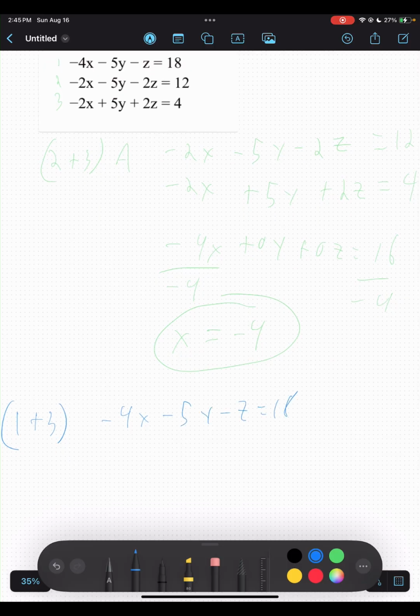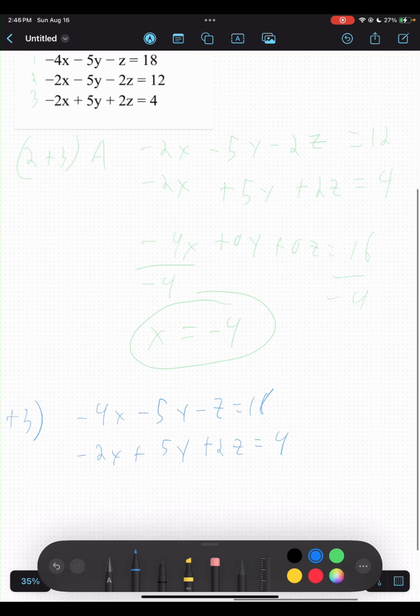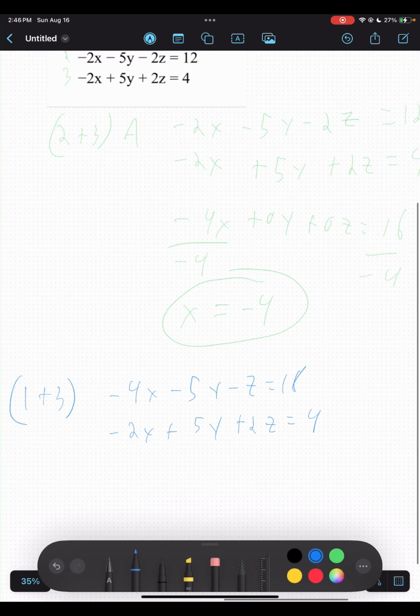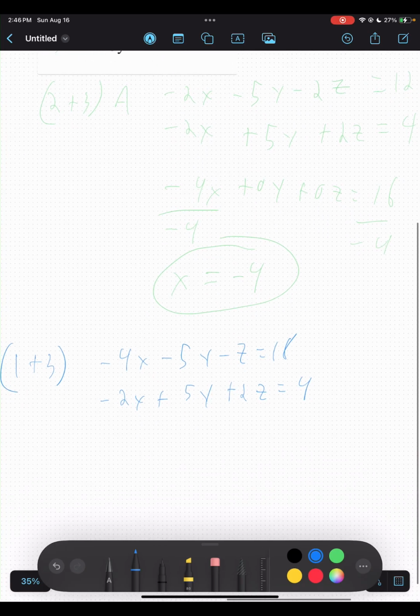And then this one is going to be negative 2x plus 5y plus 2z equals 4. Okay, notice my y's actually are going to cancel themselves here automatically, which is nice. That's what we want. So I'm going to go ahead and add these two together.